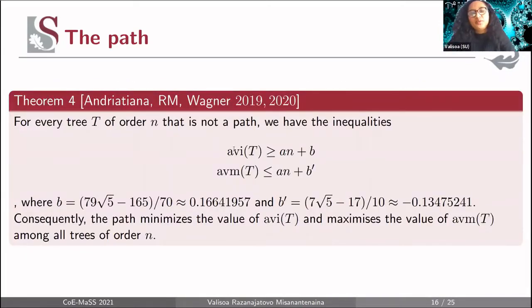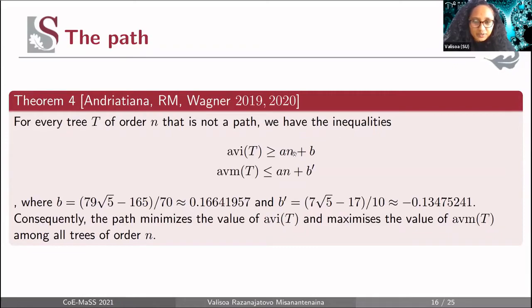Now, we proved that for every tree T of order n that is not a path, we have the following inequalities. The average size of independent sets of T is greater than an plus b, where b is a constant given here.